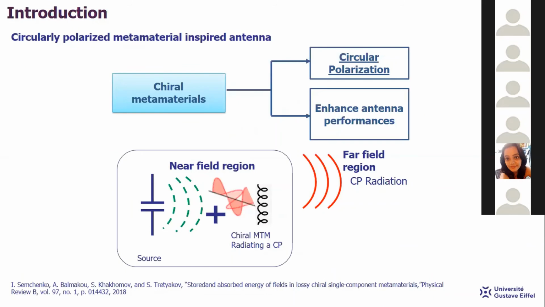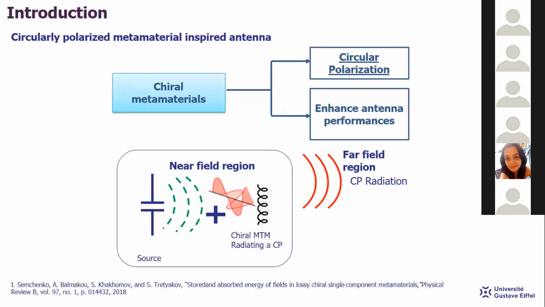So in the literature there is a particular metamaterial, which is the chiral metamaterial. This chiral metamaterial can be defined as a geometry that cannot be superposed onto its mirror image and has no symmetry plane. One of the most important characteristics of this chiral metamaterial is the asymmetric transmission, which leads to circular polarization. And of course, it enhances the electrically small antenna performance.